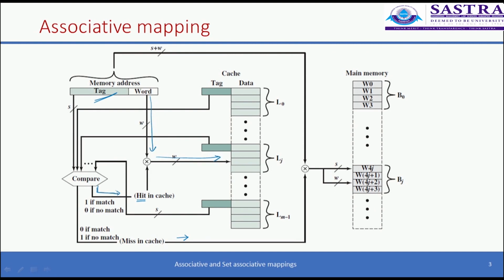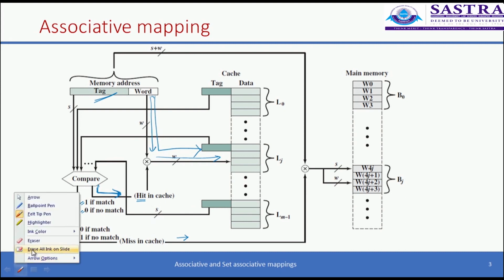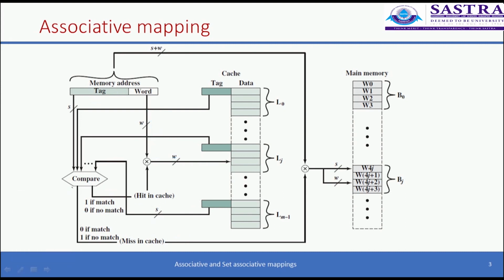So, this one is considered as hit: 1 is match, 0 is not match. If there is a hit, then this word will be used to find the appropriate memory address, and this branch is considered as the miss branch.